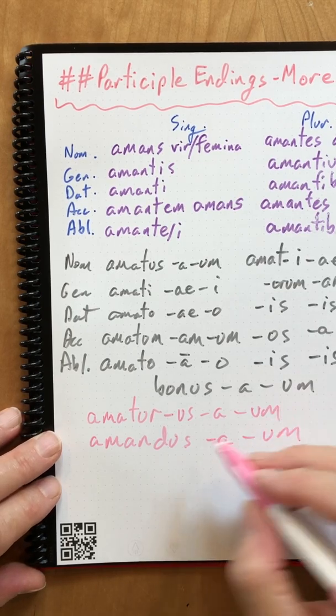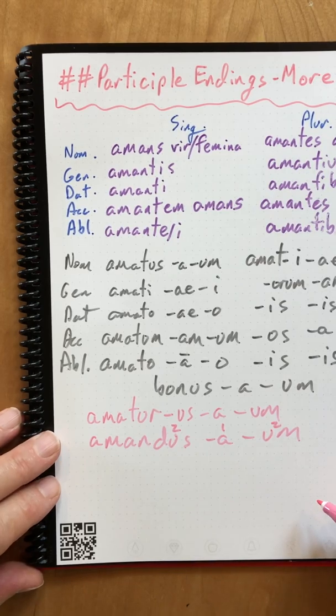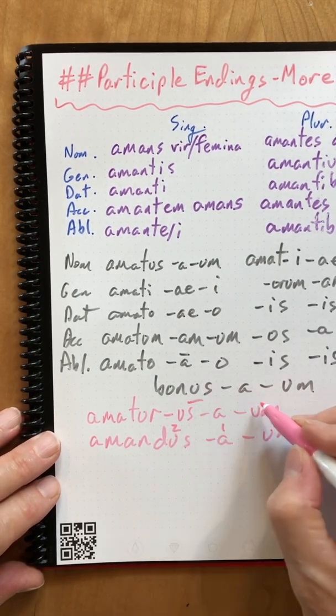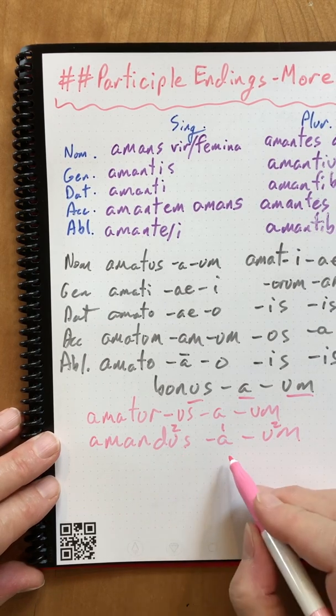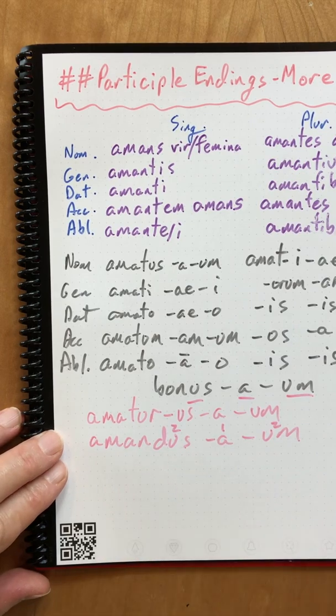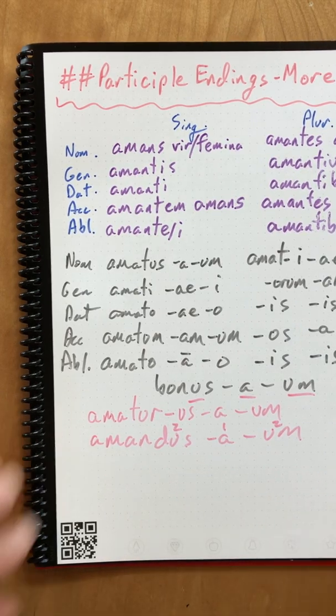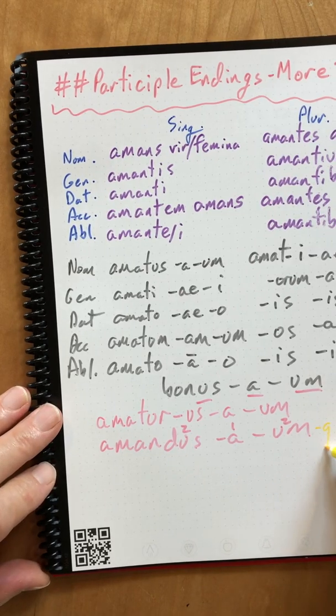So these are also 2, 1, 2 adjectives, just like bonus, bona, bonum. Masculine, feminine, neuter endings. And this is sometimes known as the gerundive.